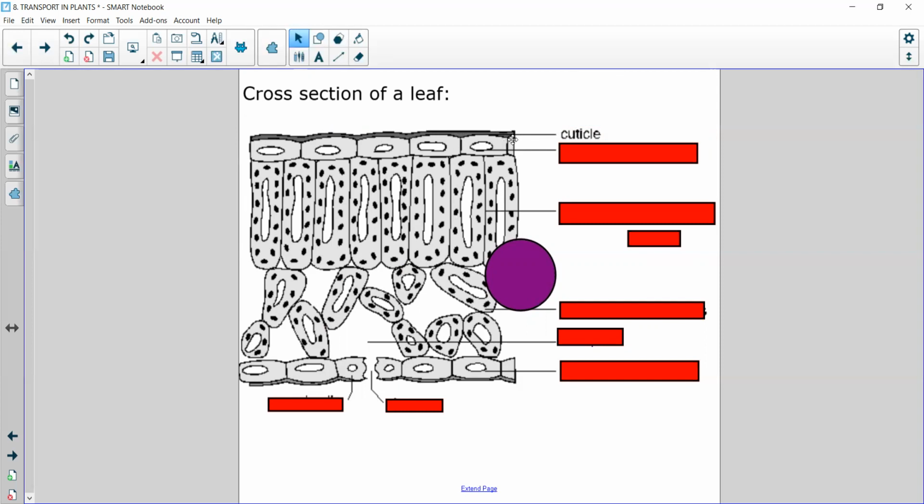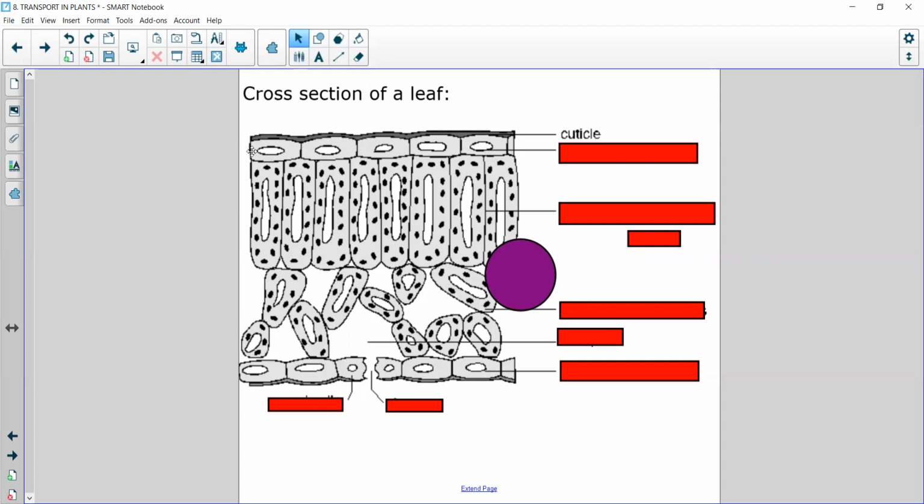Now, the thickness of the cuticle is different in different species of plant. So some plants have a really thick waxy cuticle. These tend to be plants that are exposed to more extreme environments. So things like cacti and plants that are found in the tropical rainforest may have a thicker cuticle than plants we would find in our kind of environment.